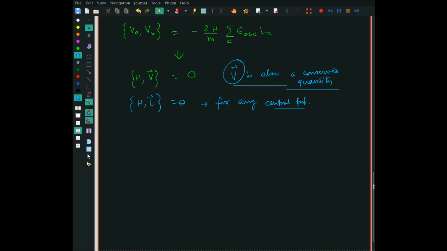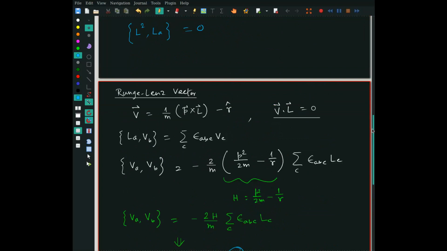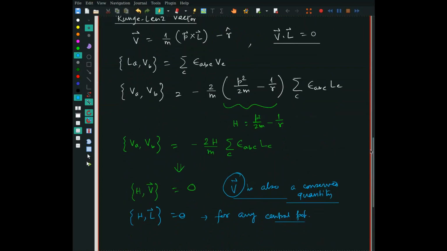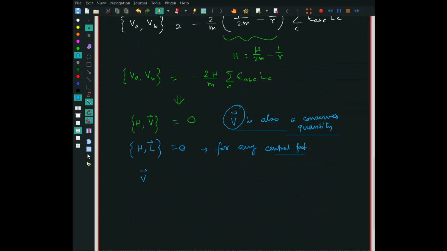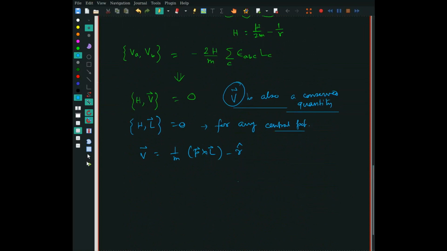So V, remember, is equal to 1 by M, P cross L, minus R cap. Suppose you dot it with R cap. So you take the dot product of this whole equation with R cap.